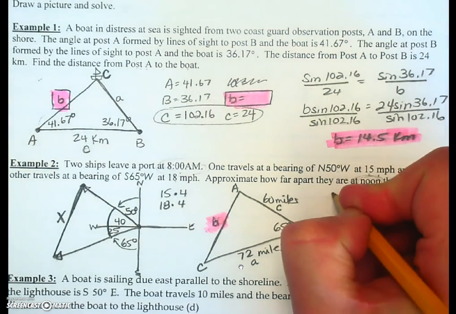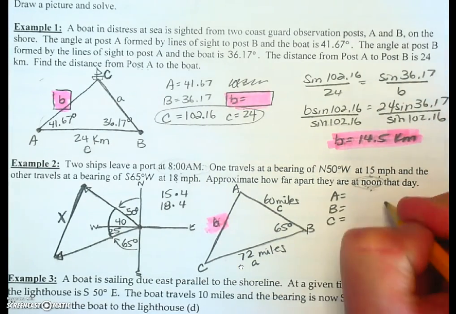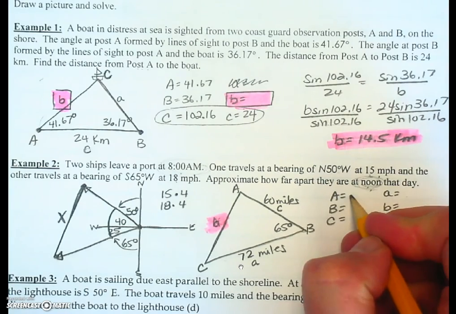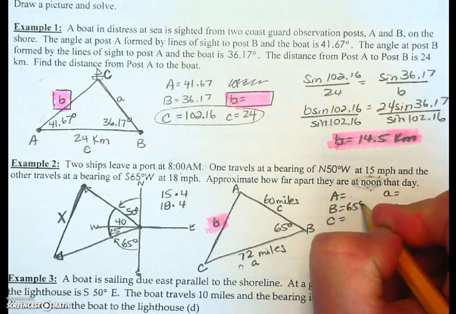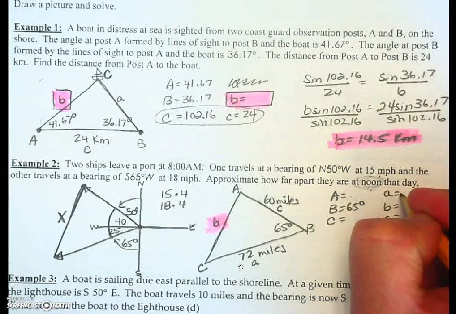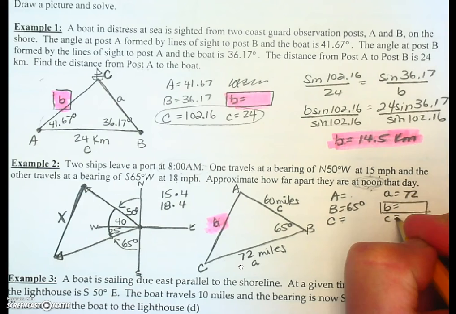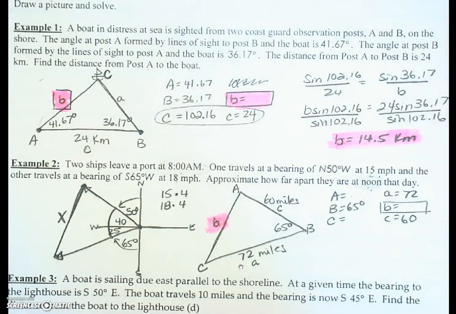So let me write this as you've been seeing all the problems. Okay, don't know capital A. Capital B is 65. Don't know capital C. We know lowercase a is 72. Don't know lowercase b, that's really what we're trying to find. And lowercase c is 60.